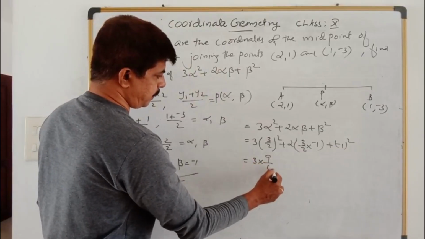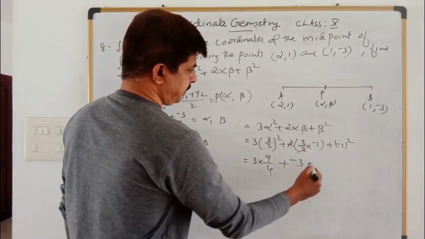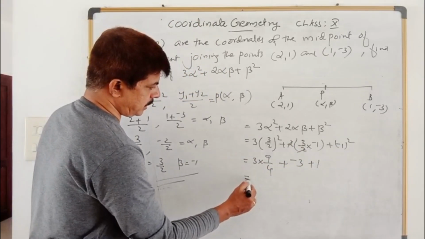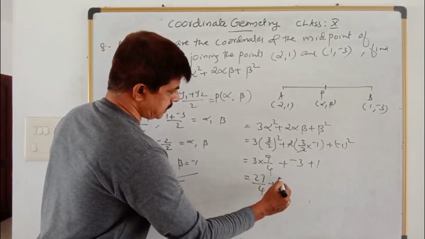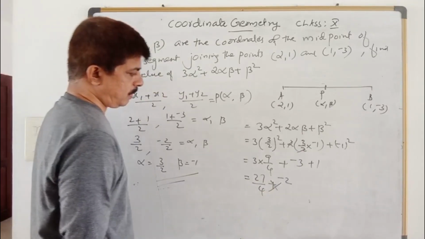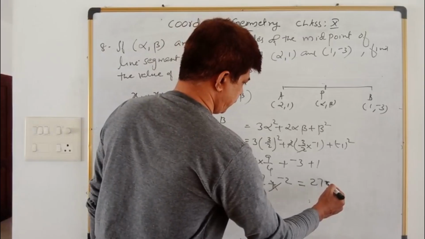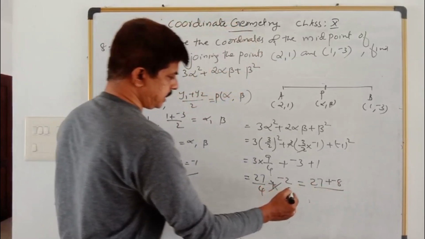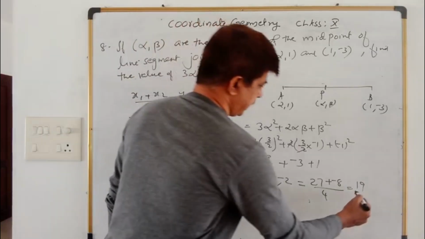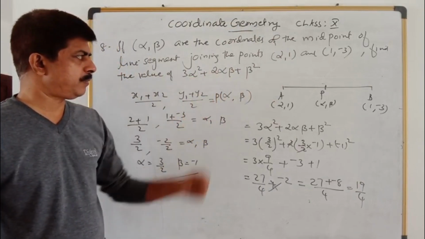So 3 into 9 by 4 plus 2 into minus 3 by 2 plus 1. So we have 27 by 4 plus negative 2. Cross multiplying, we get (27 minus 8) by 4. The answer is 19 by 4, the value of this expression when we substitute alpha and beta.